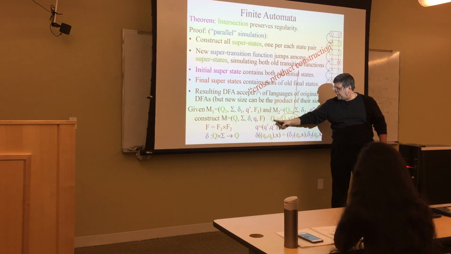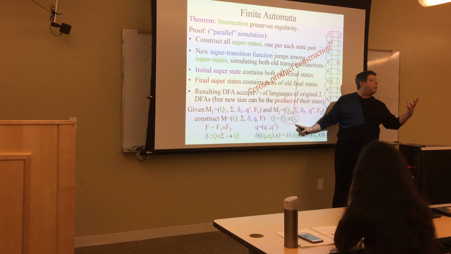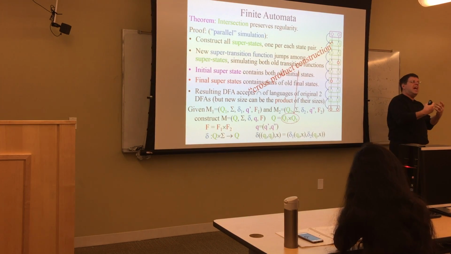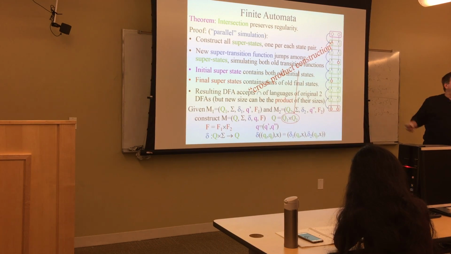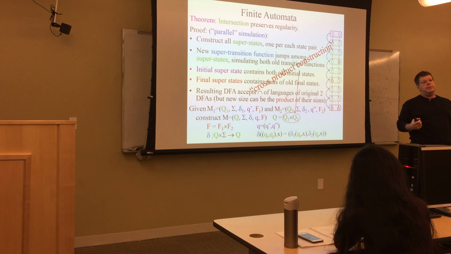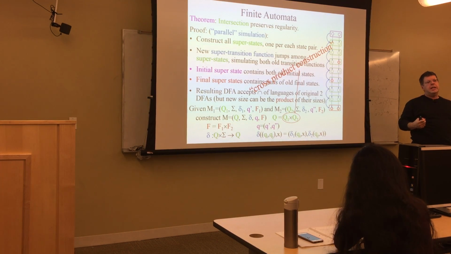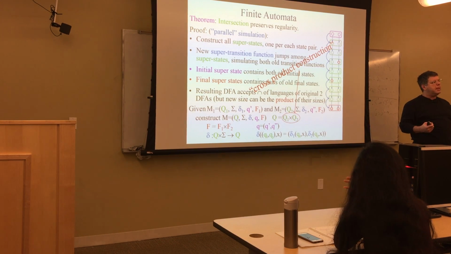The new states of the construction are all the states of the first crossed with all the states of the second in all possible ways. So it's the product of the two state set sizes. In what we're doing now with the FA and the PDA, how many states are we talking about now? Same thing. It's the product of the two. Any questions about that? It's really a very similar proof.